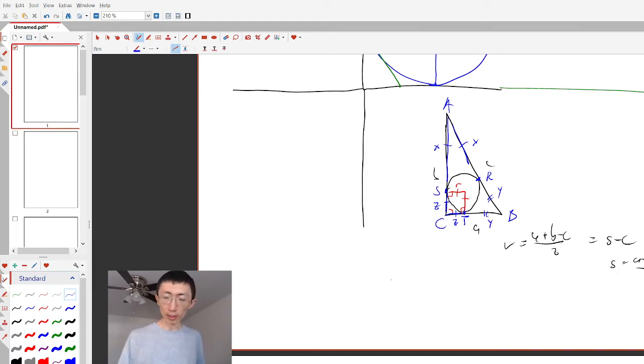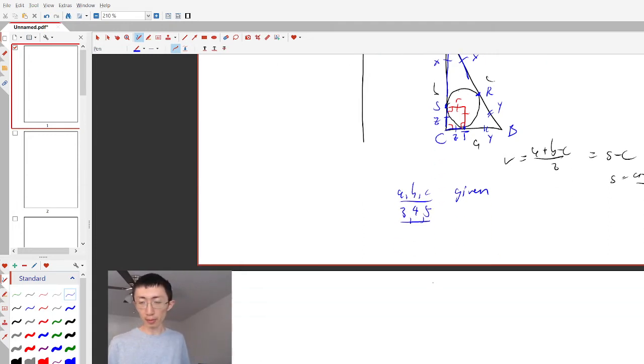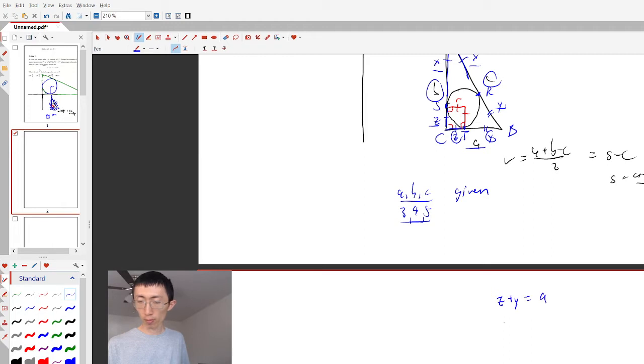So then if you're given A, B, and C, the only variables are X, Y, and Z. If you want, imagine 3, 4, 5 are the triplet A, B, C. Then you just have to solve the system of equations: Z plus Y equals A, Z plus X equals B, and Y plus X equals C. Adding and dividing by 2, we get the semi-perimeter is equal to X plus Y plus Z. Subtracting, we see that Z is equal to S minus (X plus Y).